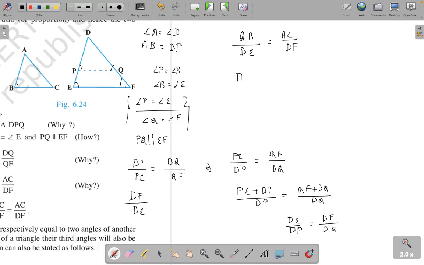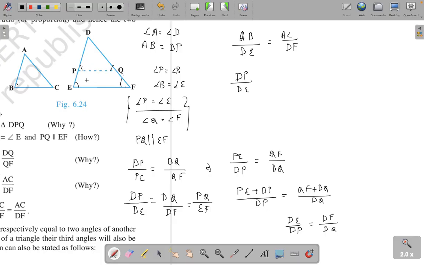So that is why we are proving DP upon DE and not DP upon PE. So DP upon DE is equal to DQ upon DF is equal to PQ upon EF.